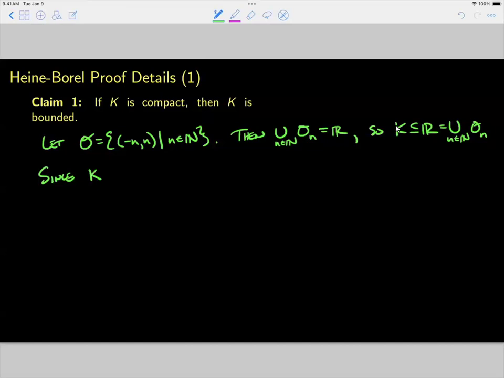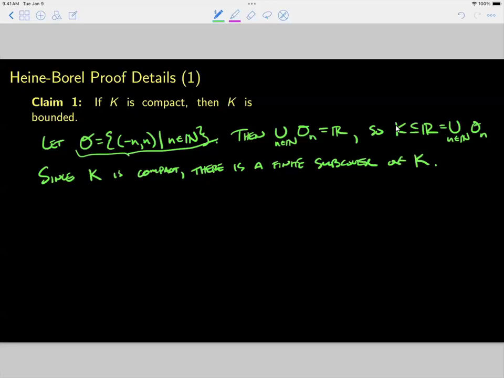So since K is compact, there is a finite subcover of K. Okay. So that means you could actually cover K using only finitely many sets of this form. So what does that mean? That means that there's some largest interval that covers all of this.